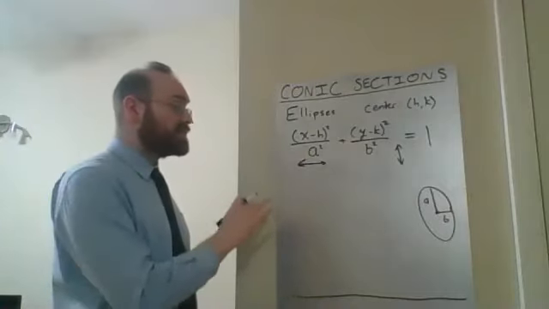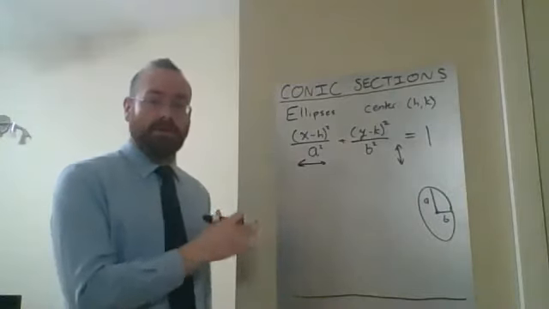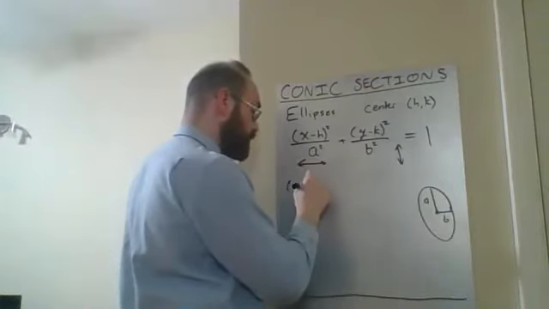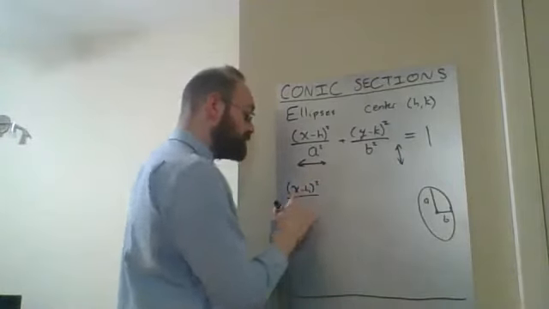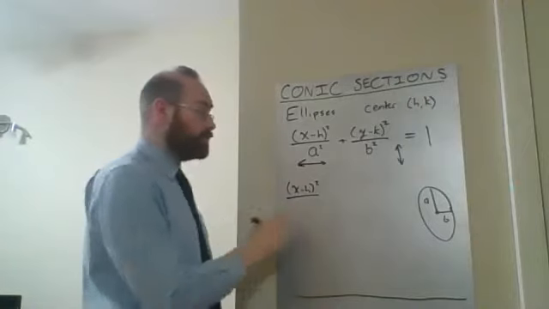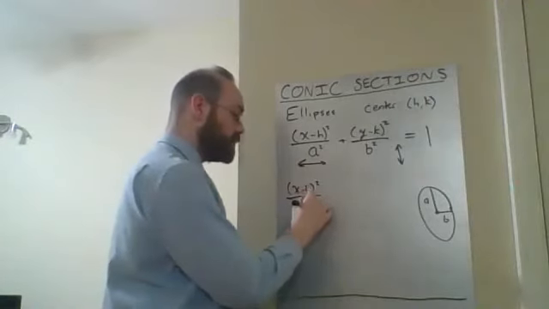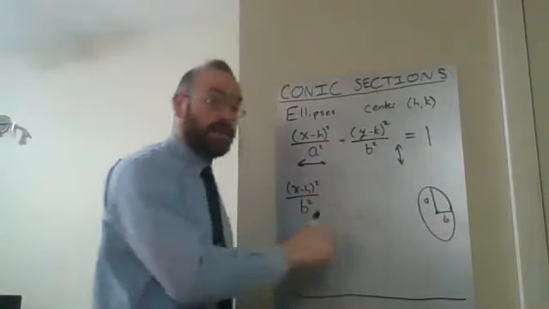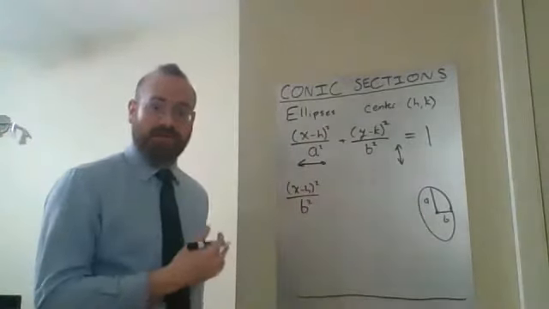So we're going to get a very similar equation, but with one key difference. Rather than dividing x by a squared, as we did first, it's going to be b squared, because this time b is the distance that's going left and right in the same direction as our x.